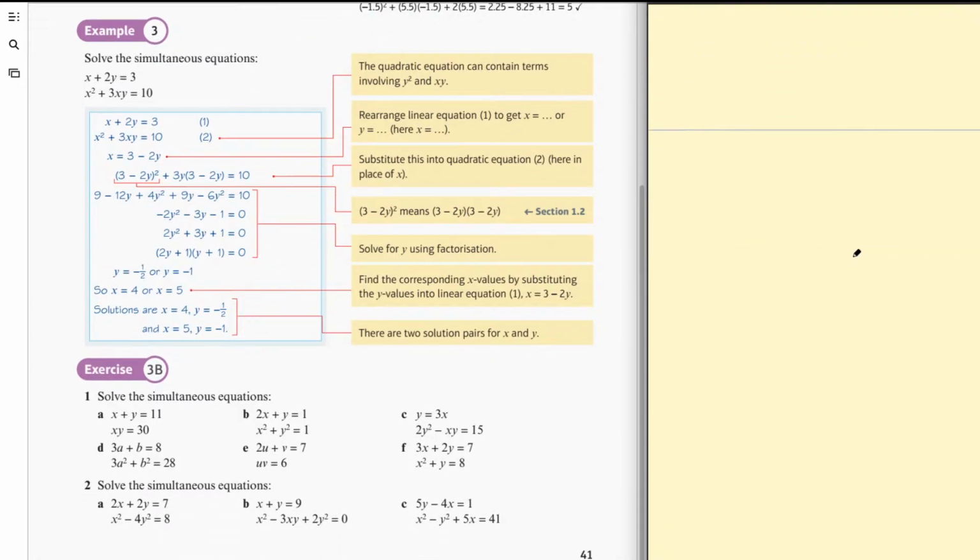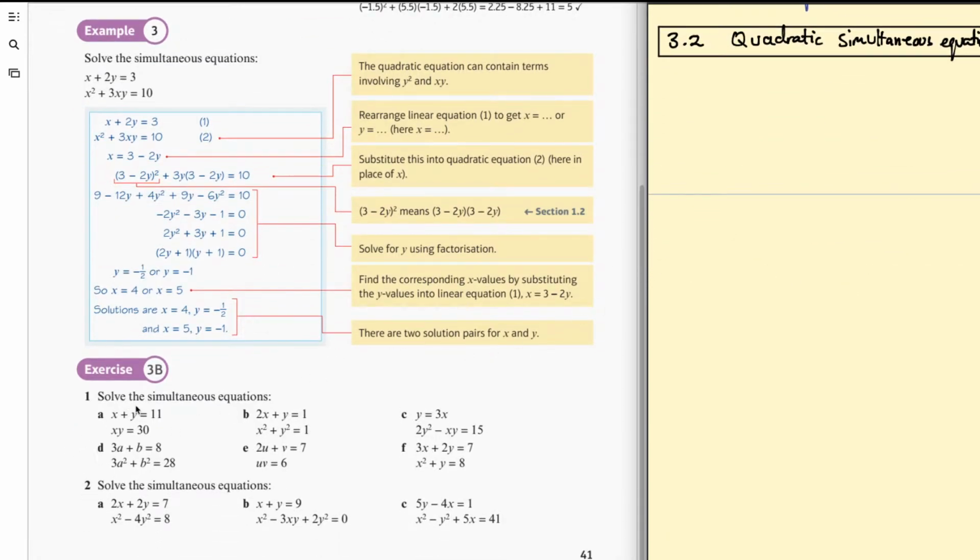Again, this is stuff you do in GCSEs, so nothing new here. Let's get straight into it. Let's do C and D.